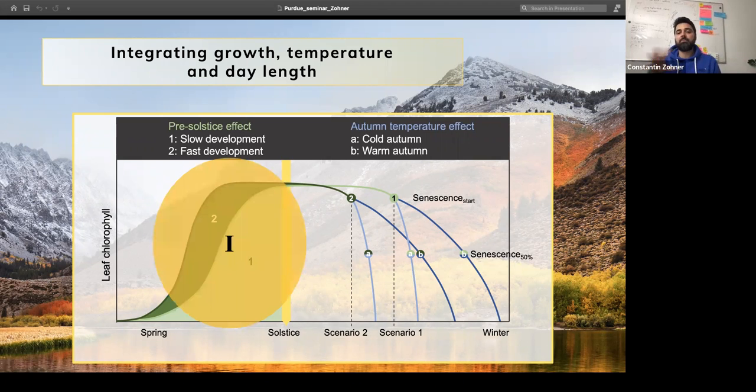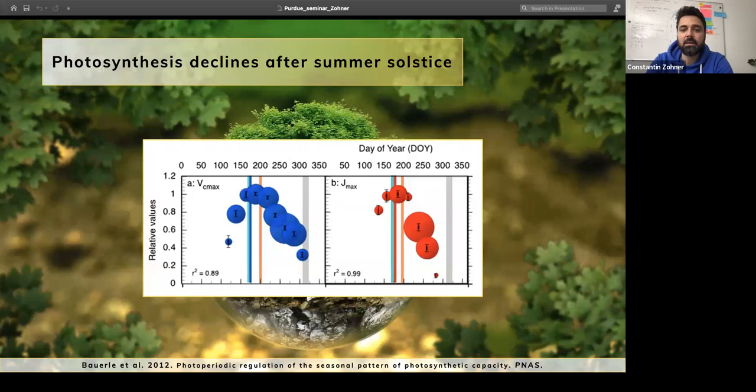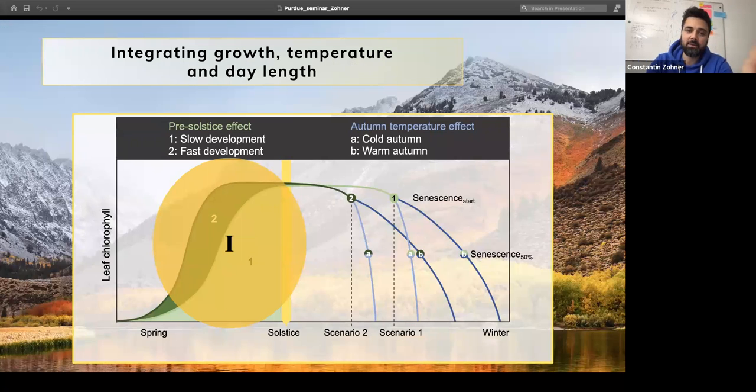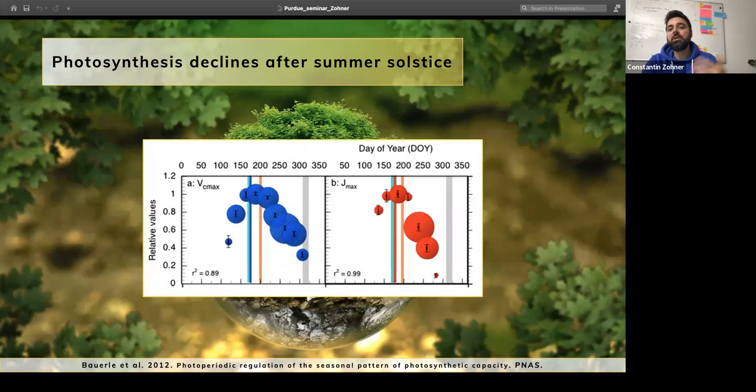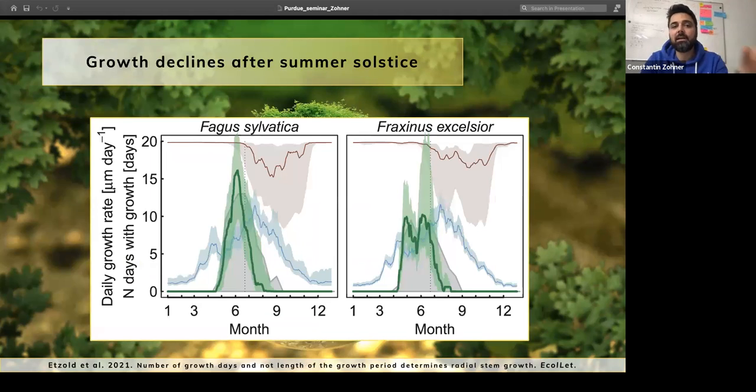So based on this, we basically have three predictions that arise, and one is that the pre-solstice, our early season activity, should strongly affect the start of senescence. And why am I always talking about the pre-solstice effect? So actually taking the longest day of the year as kind of a benchmark in this whole season. It's because we know that photosynthesis, but also growth, declines strongly after the summer solstice.